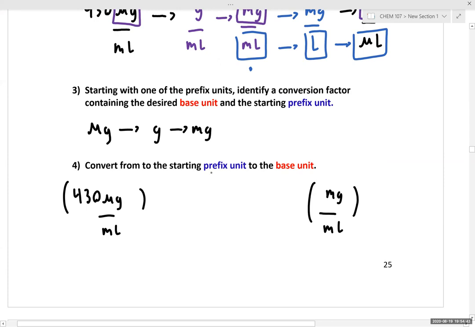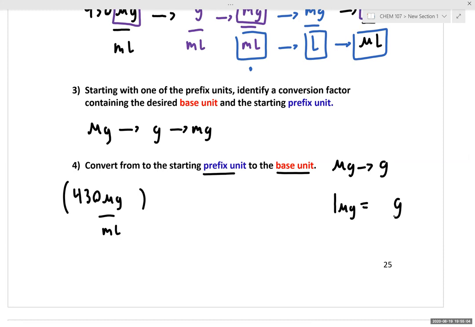First, let's go from the prefix unit to the base unit. If we're trying to go from micrograms to grams, just to start us off nice and slow, we know that 1 microgram is equal to how many grams? What does the micro prefix correspond to? 10 to the negative 6, exactly right.